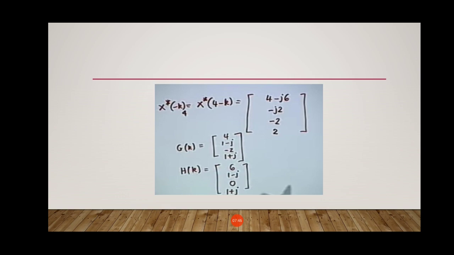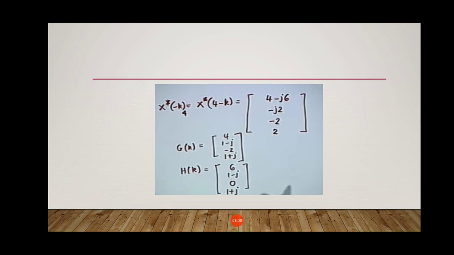Whenever we give a minus k, that means we take it out of the range. To bring it back to the range, we add the modulus N. In our case, the modulus, that is the length of the signal that we have taken, is 4. So here the modulus will be 4, which is equal to X star of 4 minus k.